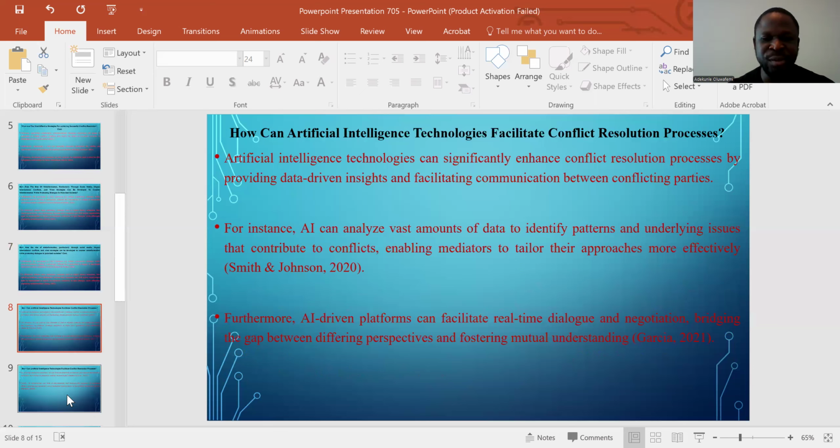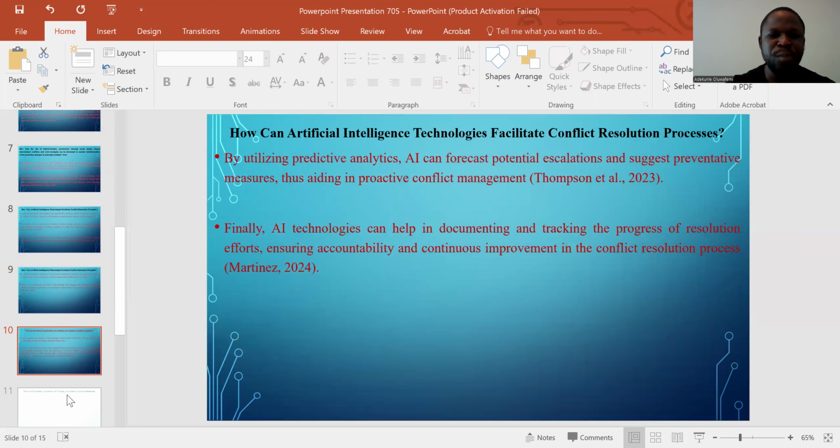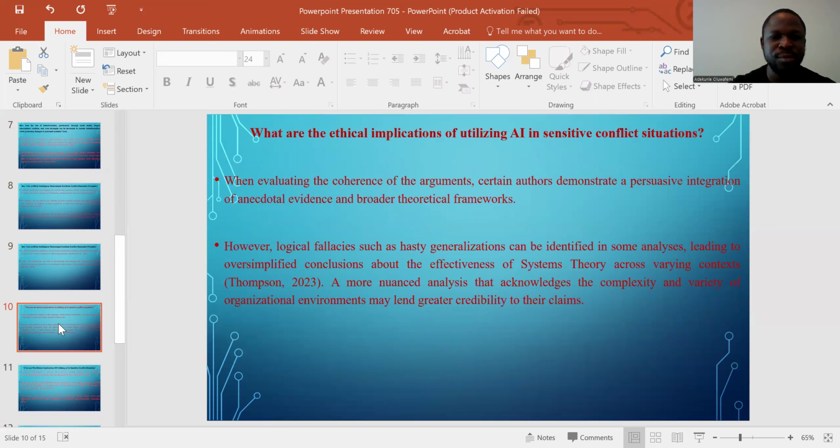Smith and Johnson 2020. Furthermore, AI-driven platforms can facilitate real-time dialogue and negotiation, bridging the gap between different perspectives and fostering mutual understanding between the parties.